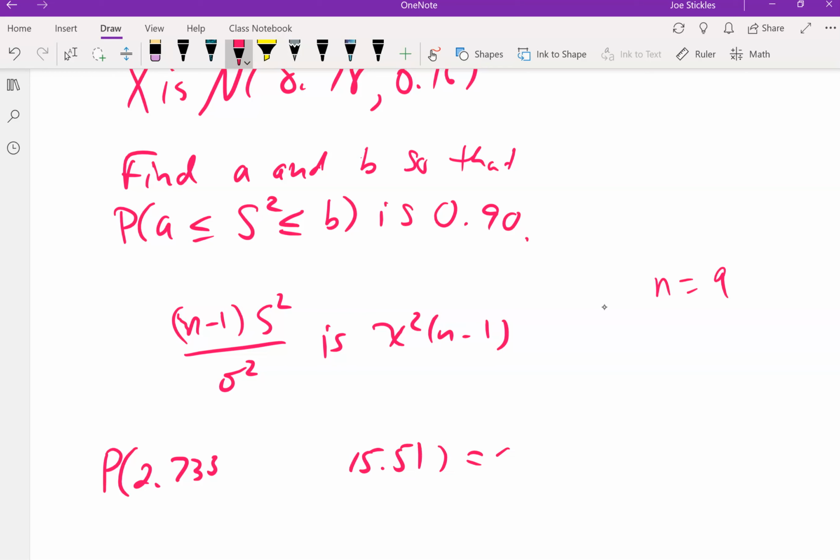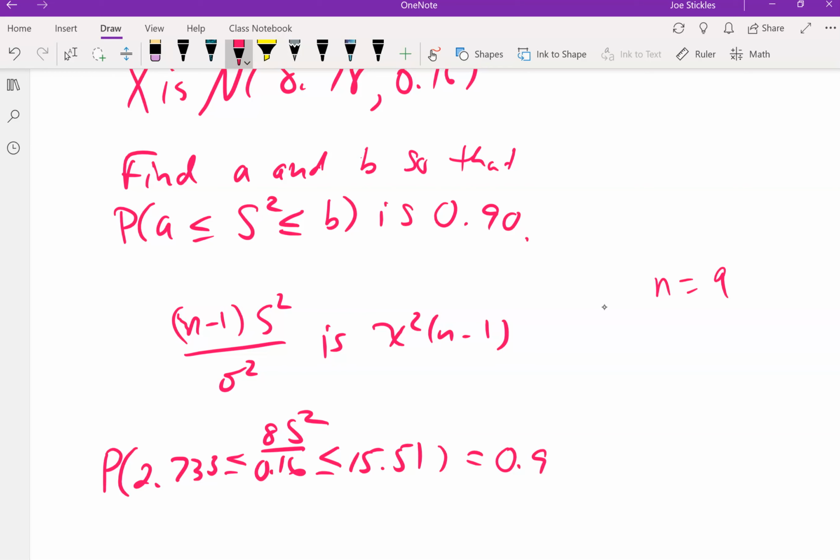All right. Now, this isn't quite s squared. What has a distribution of chi-squared of 8? It's not s squared. What has a distribution of chi-squared of 8? Yeah, the n minus 1 s squared over sigma squared, right? So this is going to be 8s squared over 0.16.